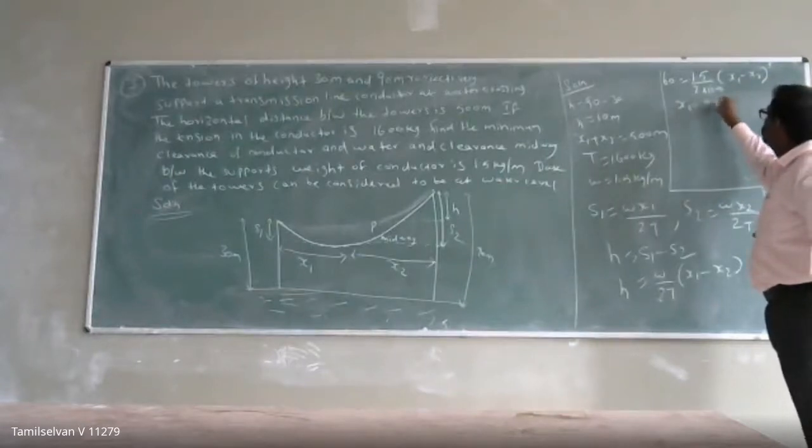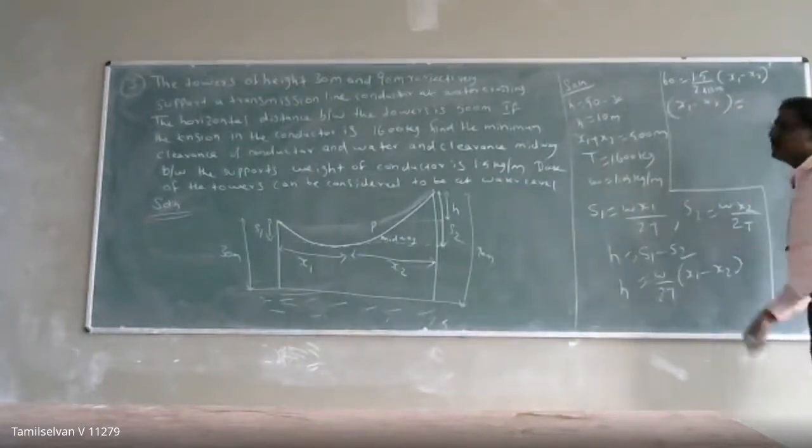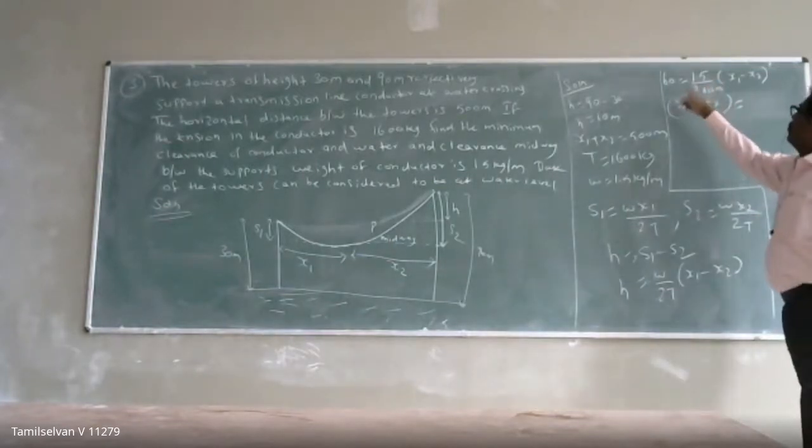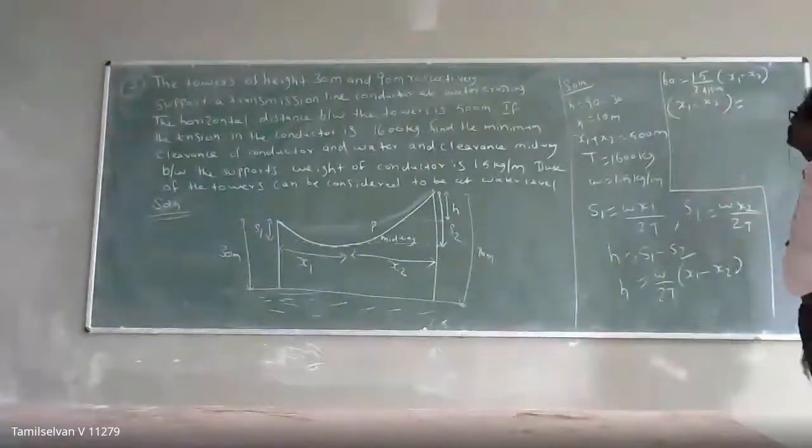What is the value of X1 minus X2 that you are getting? If you simplify, what value are you getting?